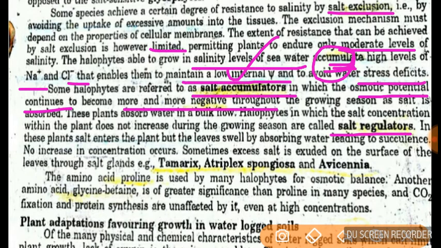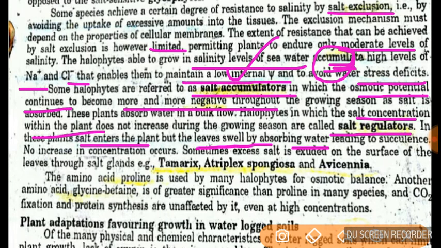What happens in the salt regulators? As we know, halophytes grow in high salt concentration, and they also accumulate these salts. So in regulators, the salt concentration within the plant does not increase. How is it not increased? Because in these plants salt enters, but the leaves swell by absorbing water.